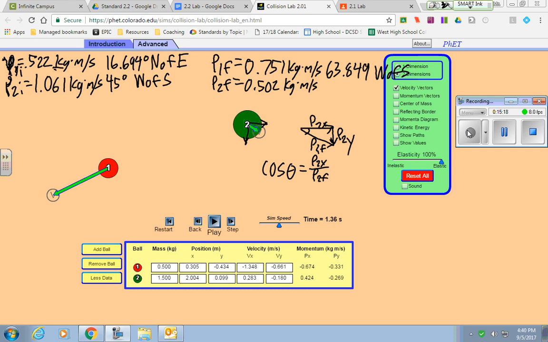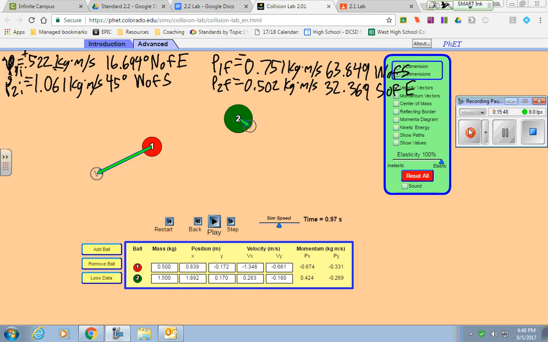So theta is going to equal, solve for that, 32.369, so 32.369 south of east. So now we have our initial and our final momentum. We have found their initial and their final momentums in the directions that they were traveling.